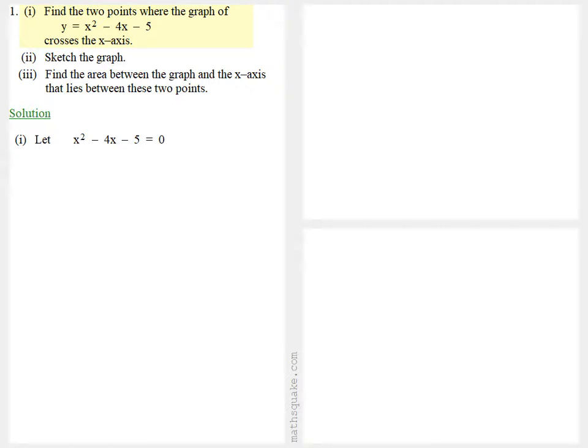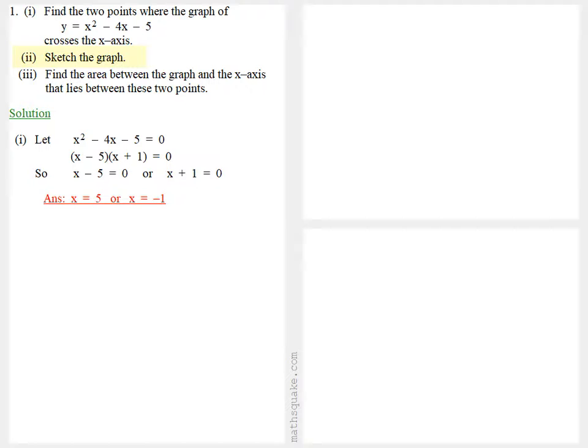They are minus 5 and plus 1. So that is (x minus 5)(x plus 1) equals 0. Now when two things multiply together to make 0, one of them must be 0. So x minus 5 is 0 or x plus 1 is 0, which means x is 5 or x is minus 1.